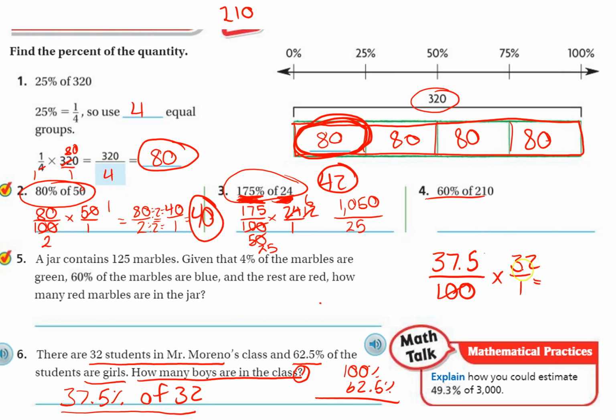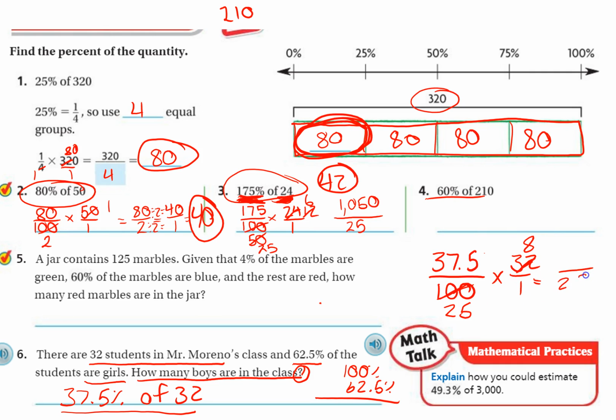Then I can cross simplify. That's going to be 50 and 16, and then 25 and 8. So, divided, 4 could go into both of them. 4 goes into 12 4 times. 4 goes into 32 8 times. Now I can multiply straight across.